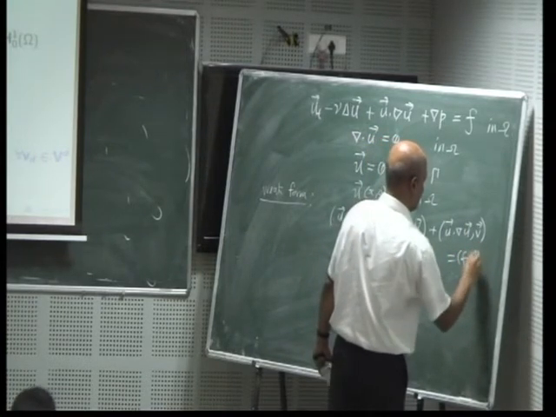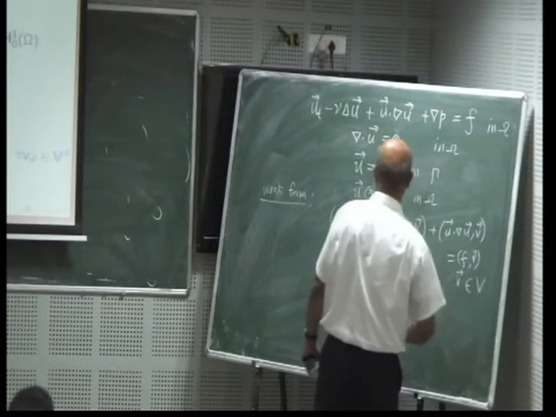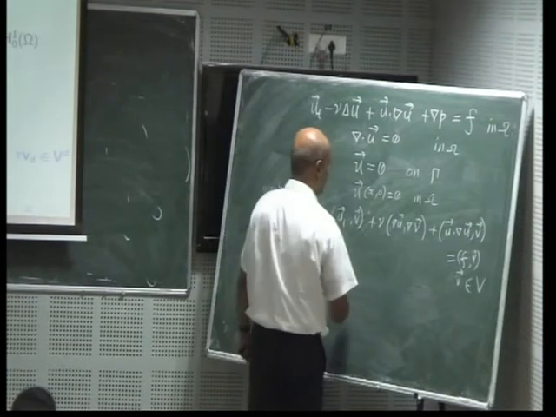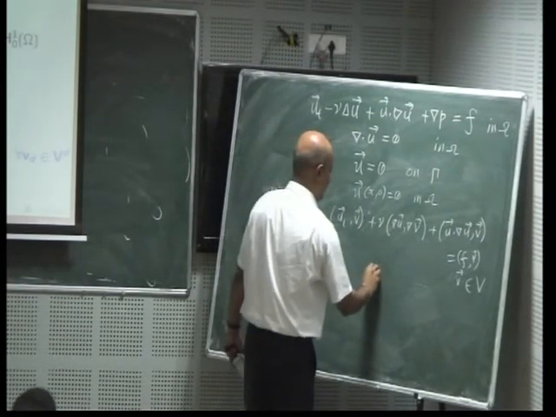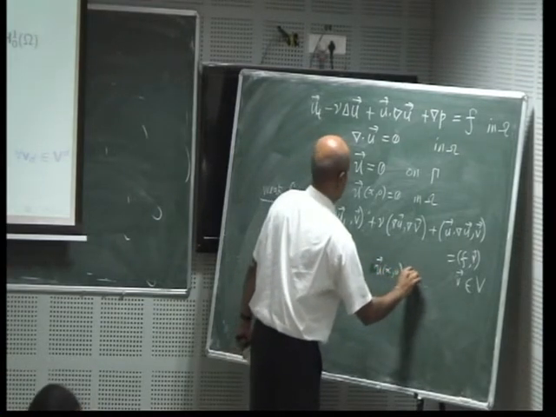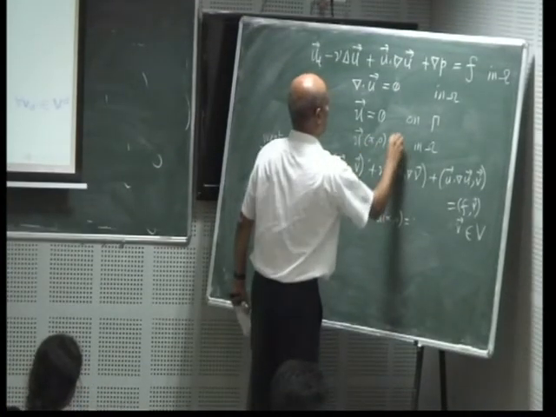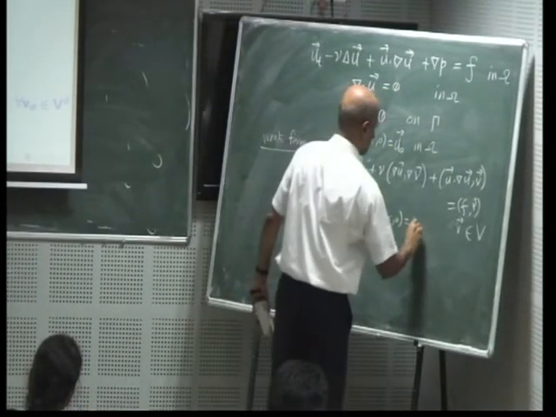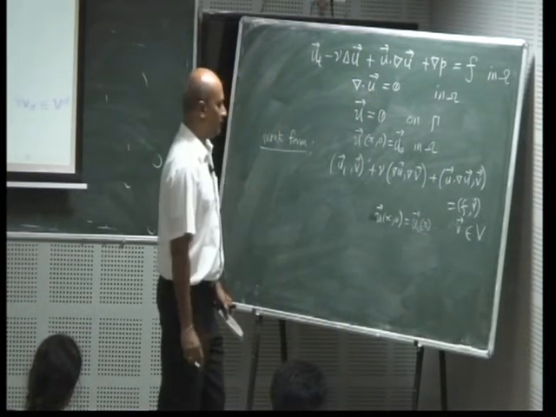And let's take the test function in this divergence-free subspace V. The initial condition is u_0 of x. Okay, so this is the weak form.